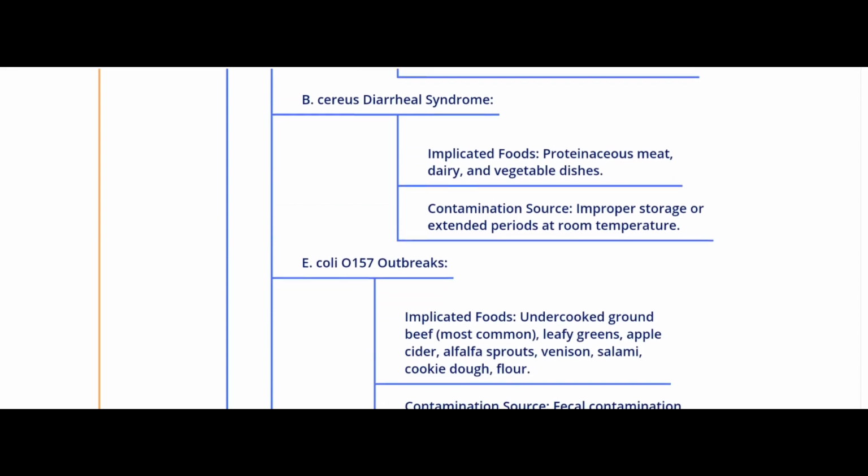If we talk about the diarrheal syndrome of Bacillus cereus, we can have the exact same contamination source, but usually it is in protein-rich meat, since Bacillus cereus, when it is contained in food with protein, will love to divide and multiply. But if it's within starches, it will love to become bigger and produce more toxins.